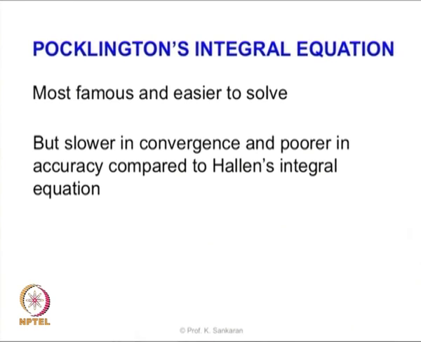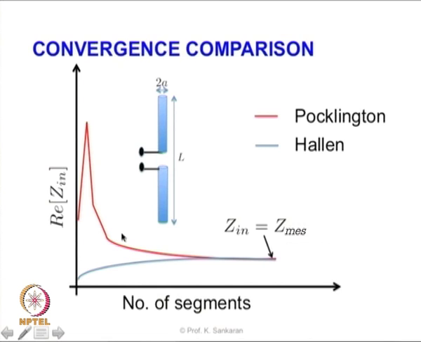But before that, I wanted to repeat that it is easy to solve, but it has a problem with the convergence. And what that convergence looks like is shown here schematically in this conceptual idea. When the number of segments along this line or the wire antenna increases, you see that the Hallen formulation goes very close to the value.